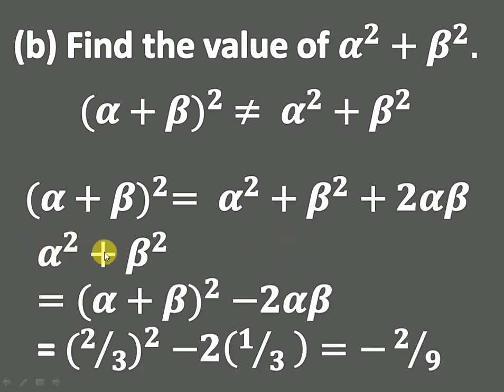Alpha square plus beta square is equal to alpha plus beta all squared minus 2 alpha beta. Now, we have found in the previous part of this question that alpha plus beta is 2/3, whereas alpha beta is 1/3. As a result, after some simple substitution, alpha square plus beta square is negative 2/9.